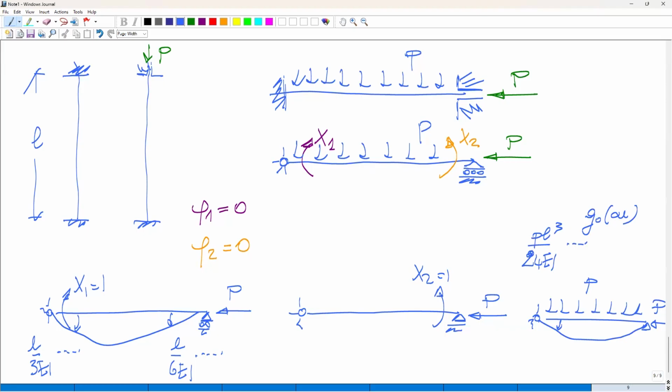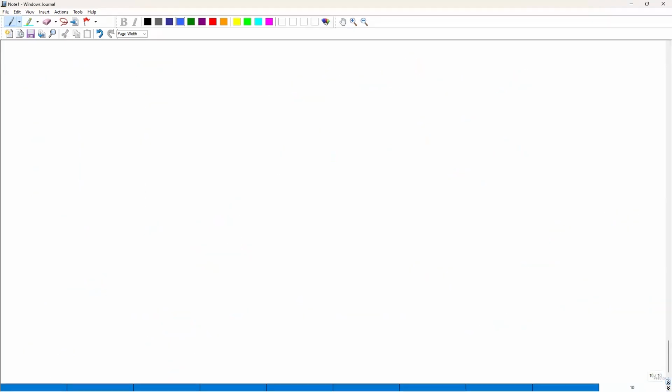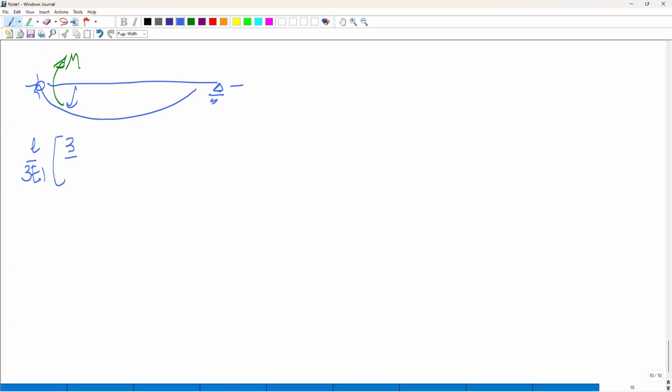And let us also do like this. If this is M, you have that this is L over 3EJ times 3 over alpha L, times 1 over alpha L minus 1 over tangent.